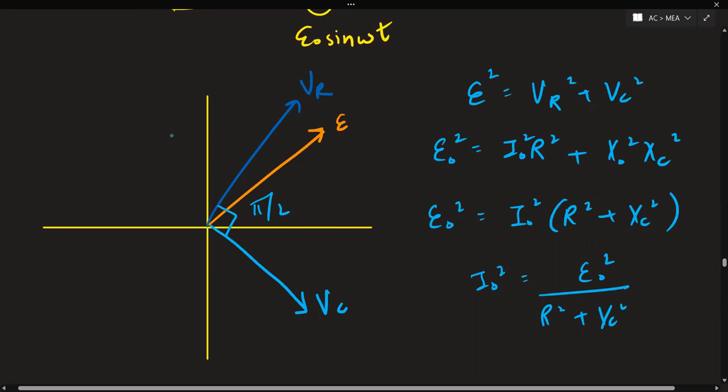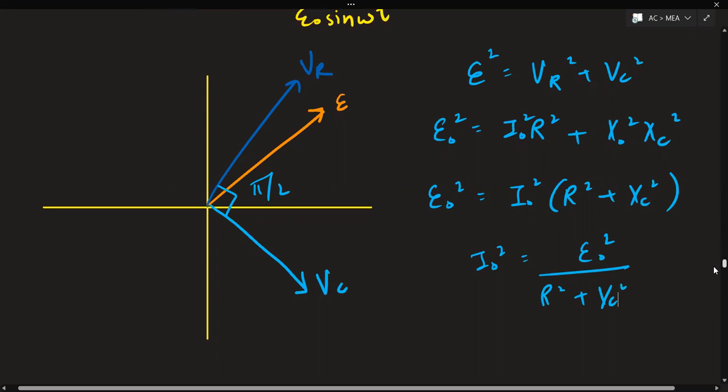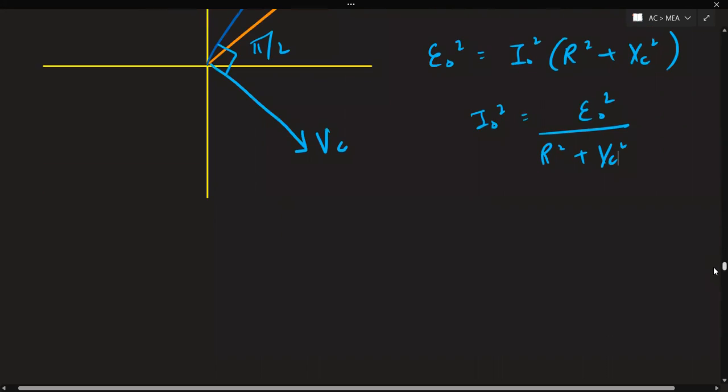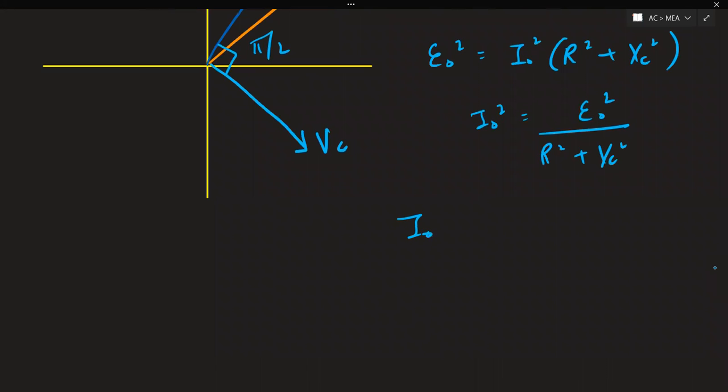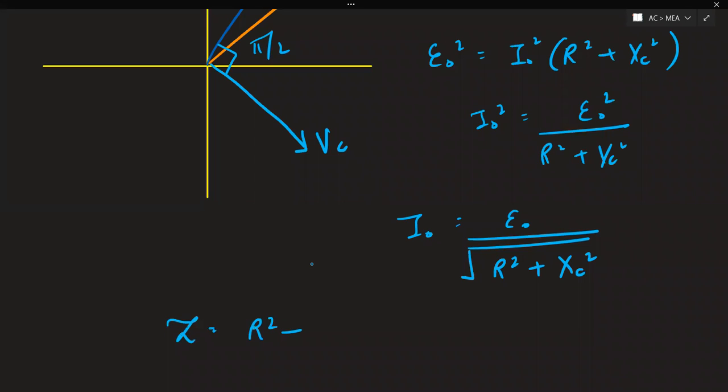Now if you take the square root, I naught will be equal to E naught divided by under root R square plus XC square. And Z will be equal to under root R square plus XC square. This is the impedance that you will get.